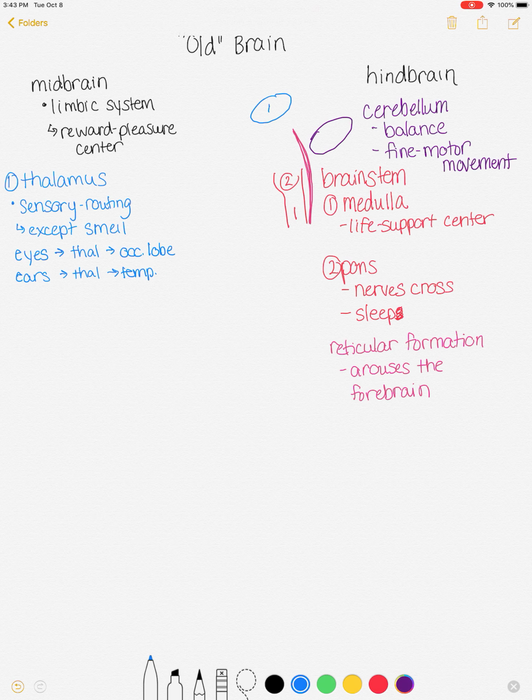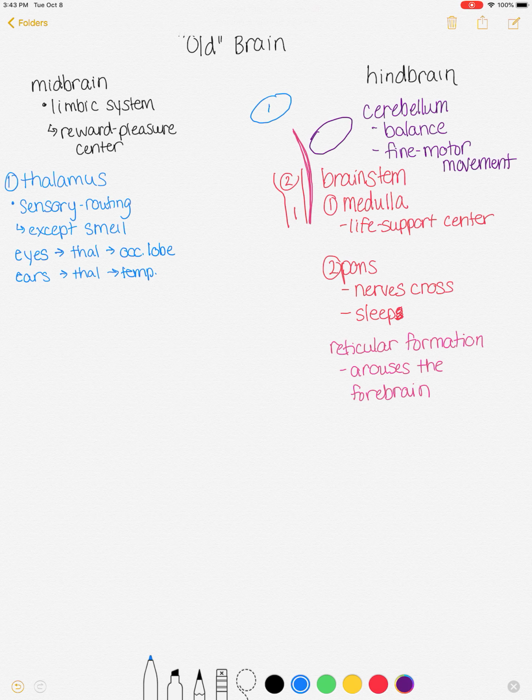The next one we're going to draw is below the thalamus, and this is the hypothalamus. And the hypothalamus is going to have the 5 F's.